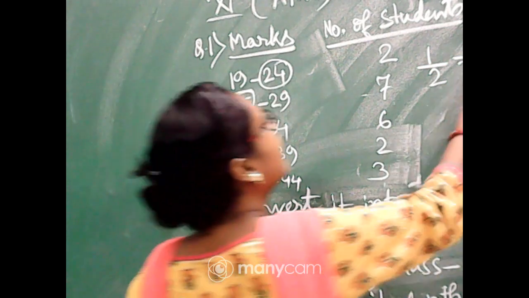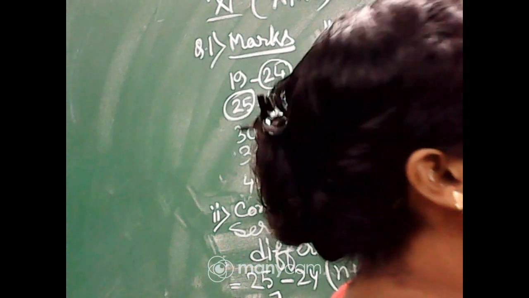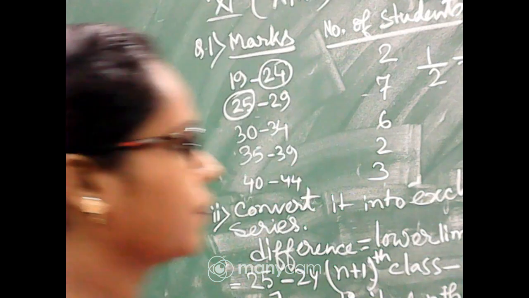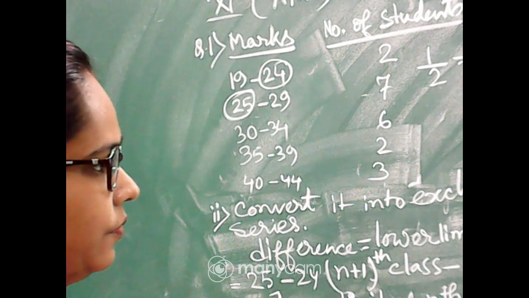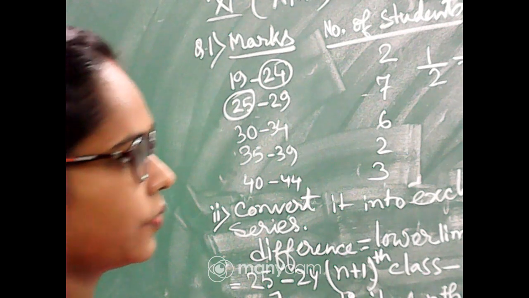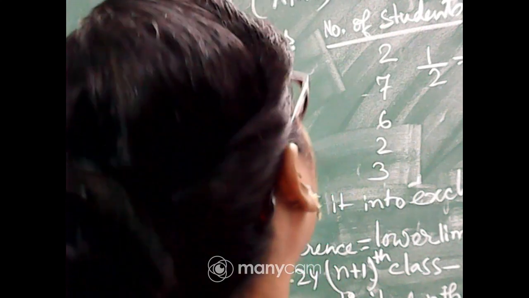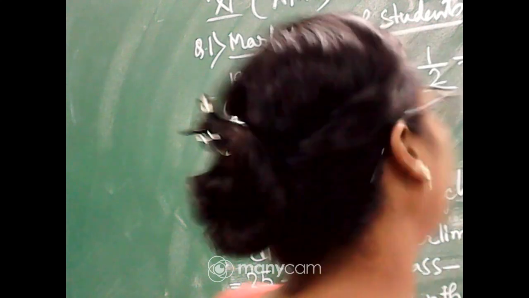And next step, Riddha, next step? Yes, we subtract 0.5 from the lower limit and we add 0.5 to the upper limit.